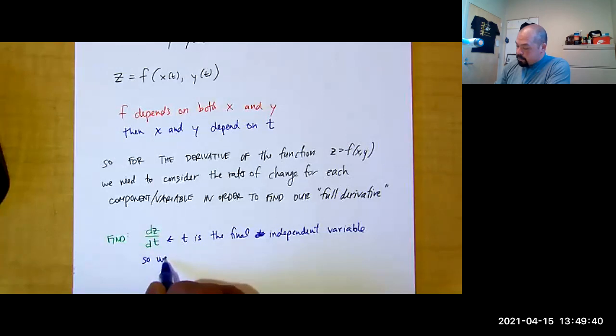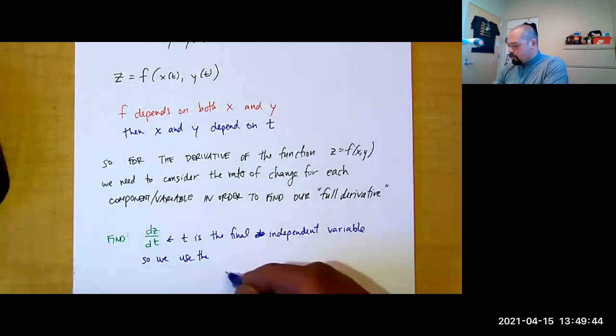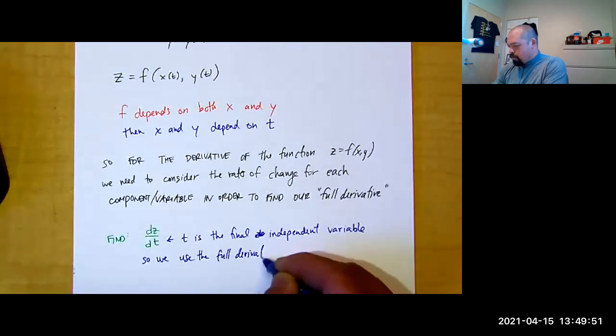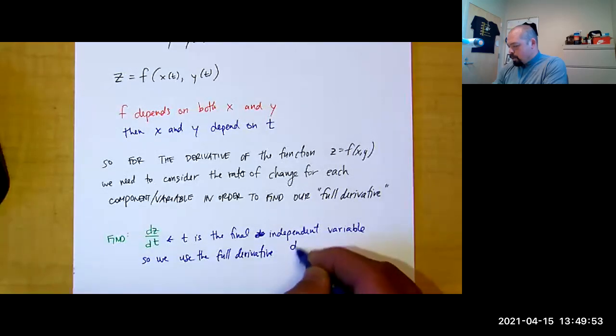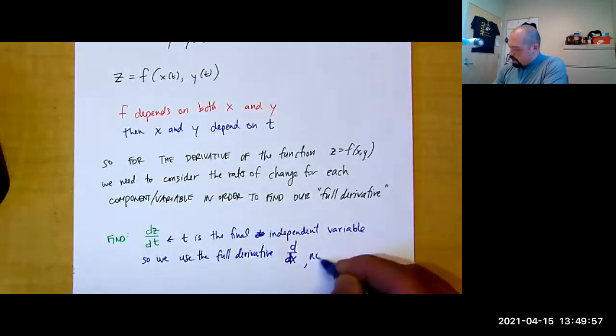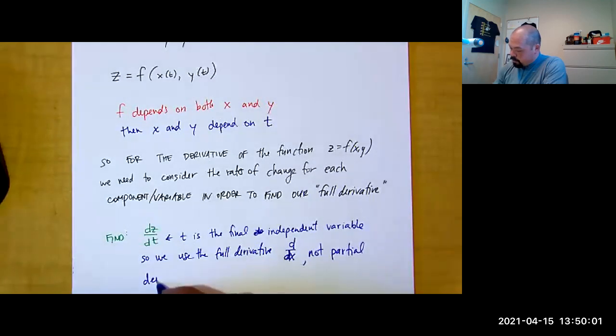So in that case, we use that kind of full derivative d dx, right? Not that partial derivative notation.